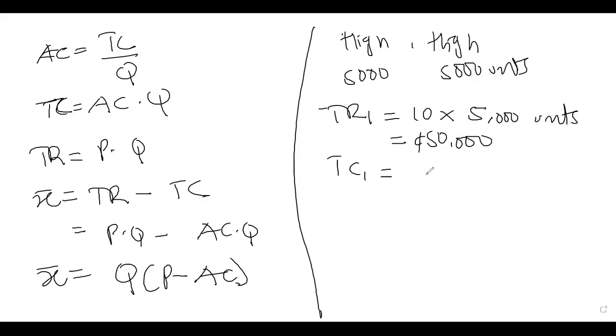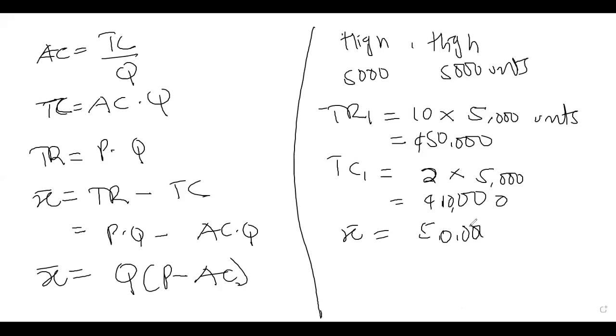Then the total cost will be the average cost times the number of units, okay, so the average cost actually is 2 cedis from the question. So this will give us 10,000 cedis. So the profit will be total revenue, which is 50,000, minus total cost, which is 10,000. So this will give us 40,000 cedis, okay?